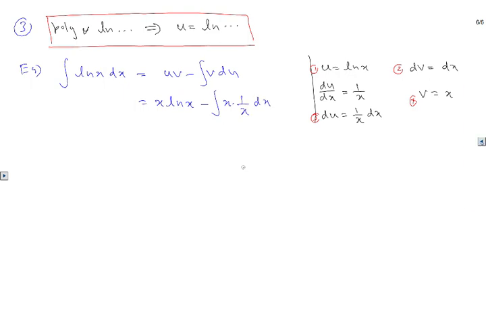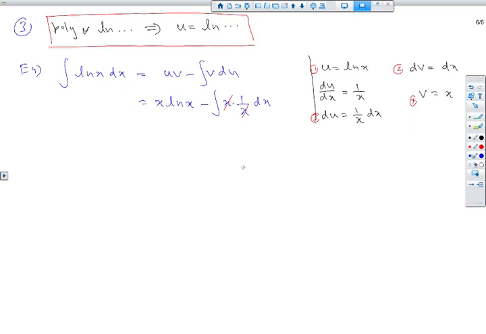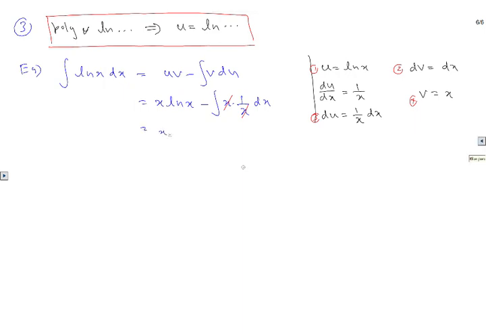You can see there is a really nice cancellation going on here, and that is the reason why we pick u equals ln x: when you take the derivative of that, it's just 1 over x, so it's going to be simple. Simplifying a little, you get x ln x minus the integral of dx. If you integrate that, you get x ln x minus x plus c.